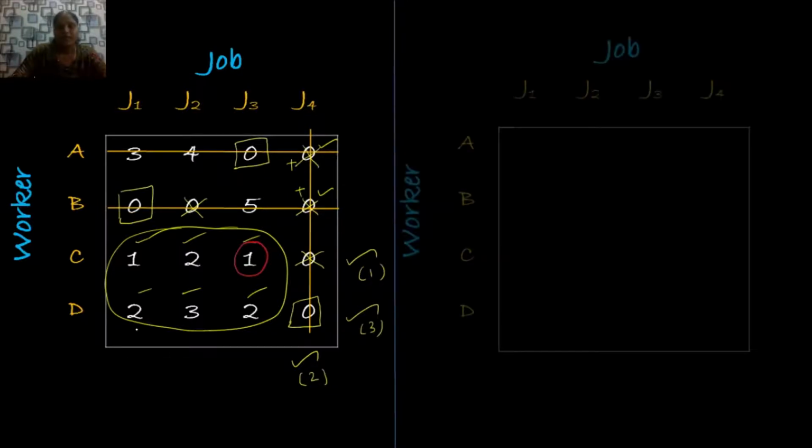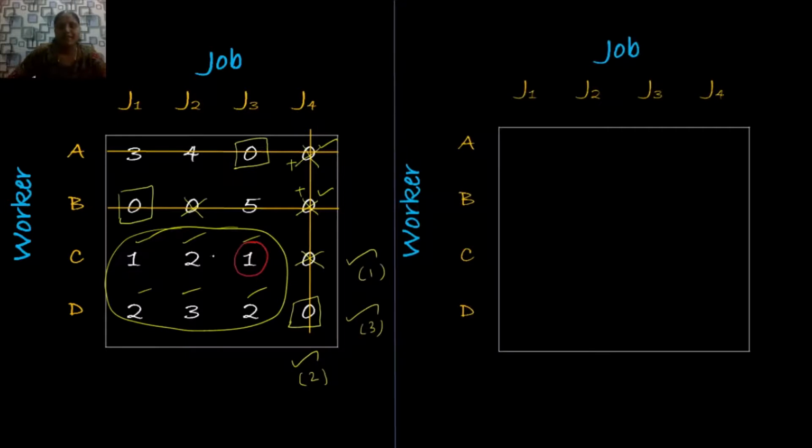Now let me first subtract. For the third row, 1 minus 1 is 0, 2 minus 1 is 1, 1 minus 1 is 0. And for the fourth row, 2 minus 1 is 1, 3 minus 1 is 2, 2 minus 1 is 1.